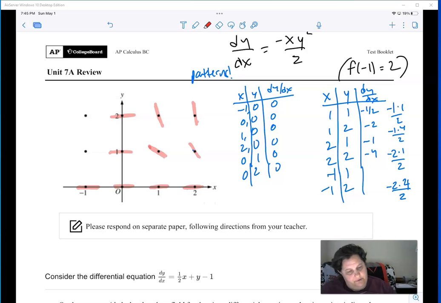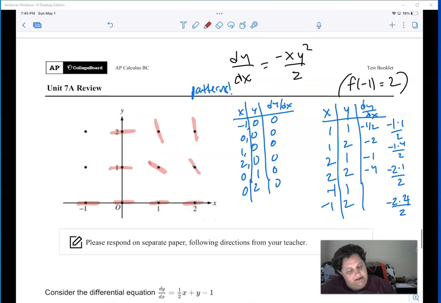Okay, and then my last 2 points. Negative, negative x gives me 1 times 1 squared over 2. That gives me a half. This is a positive, but gentle slope. And then negative, negative 1 times 4, that's a steep slope.